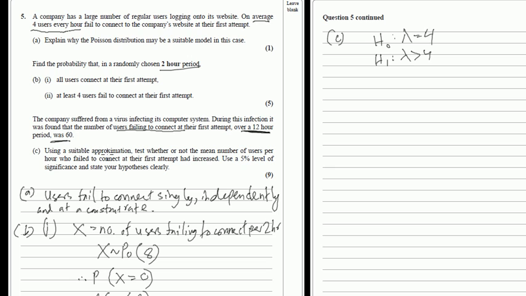Now we have to find the probability. To test this we need the distribution, so the distribution is for 12 hours. So y, the number of users failing to connect per 12 hours.